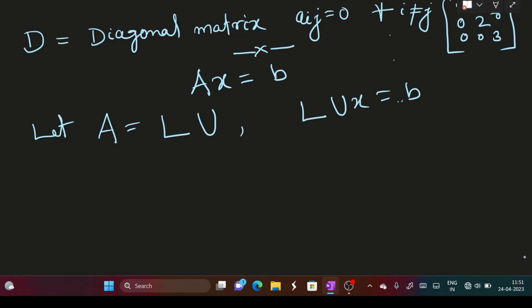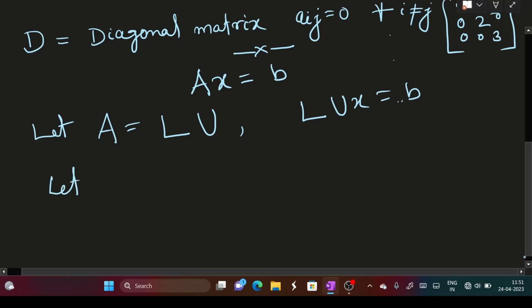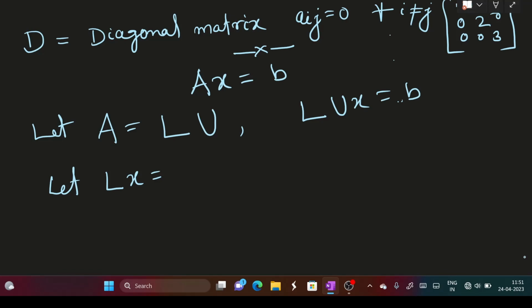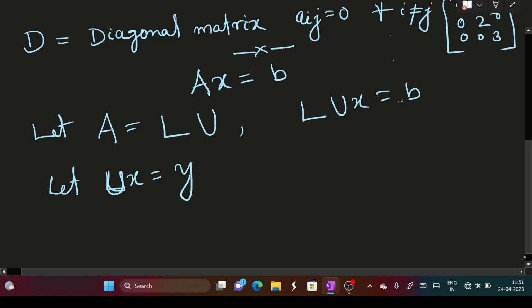Here UX, U is a matrix, X is a vector. UX is again unknown because X is unknown. Let UX be equal to Y. Here U is a matrix, X is a vector, so I will get another vector.